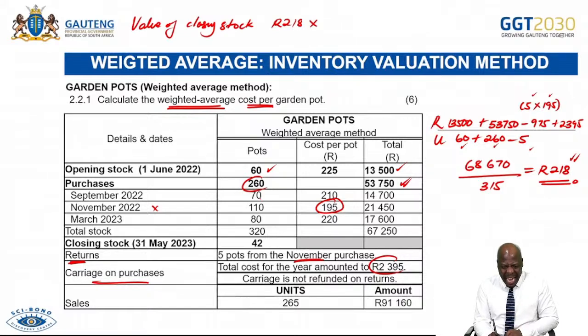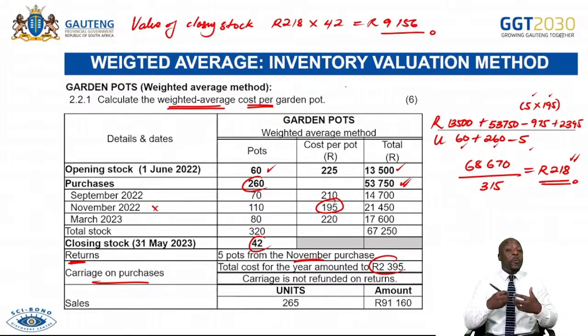The units at the end. How many units do I have at the end? 42. Then I multiply that 42. How much is the value now? I get 9,156.